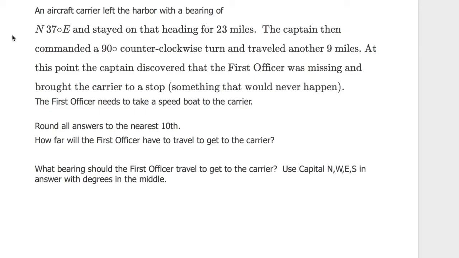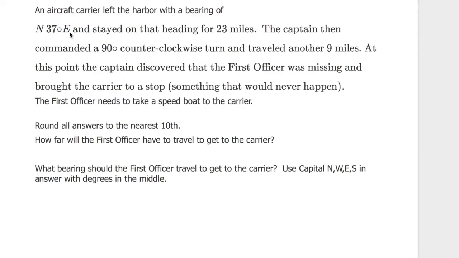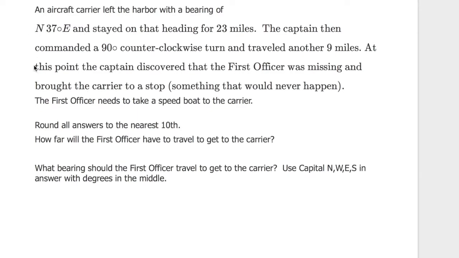So, first off, when we talk about north 37 degrees east, there's only two main directions according to bearings that we're going to talk about. The main directions are north and south, so that would go in that first spot. Now, if we're going north, we're going to either lean towards the east side or lean towards the west side. So here we're leaning towards the east side by 37 degrees, and that's all this means.